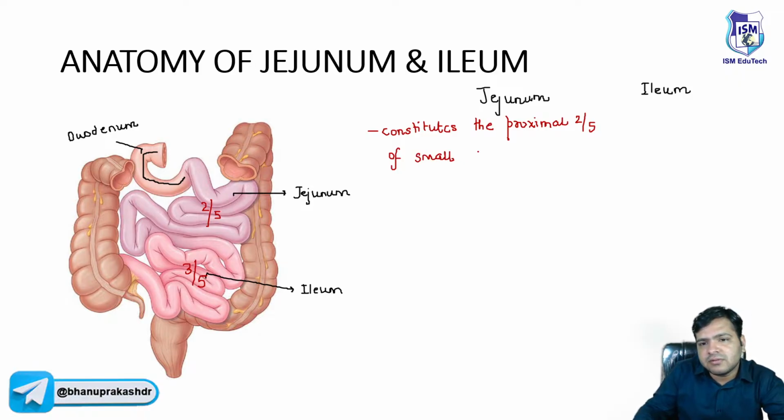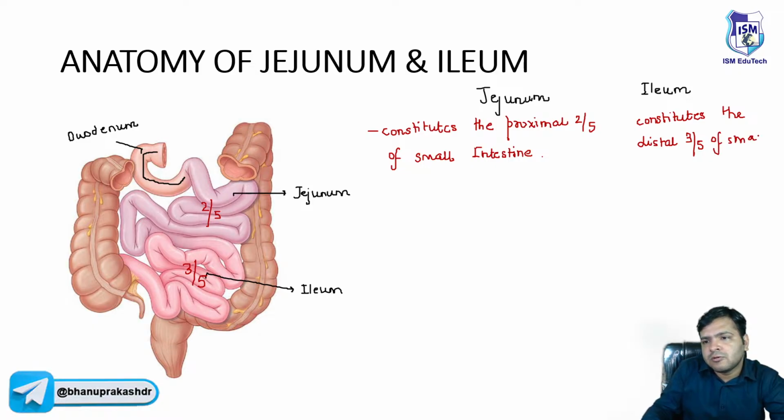What does proximal mean? It is first. Proximal means first. Whereas the ileum constitutes the distal 3 by 5 of the small intestine.